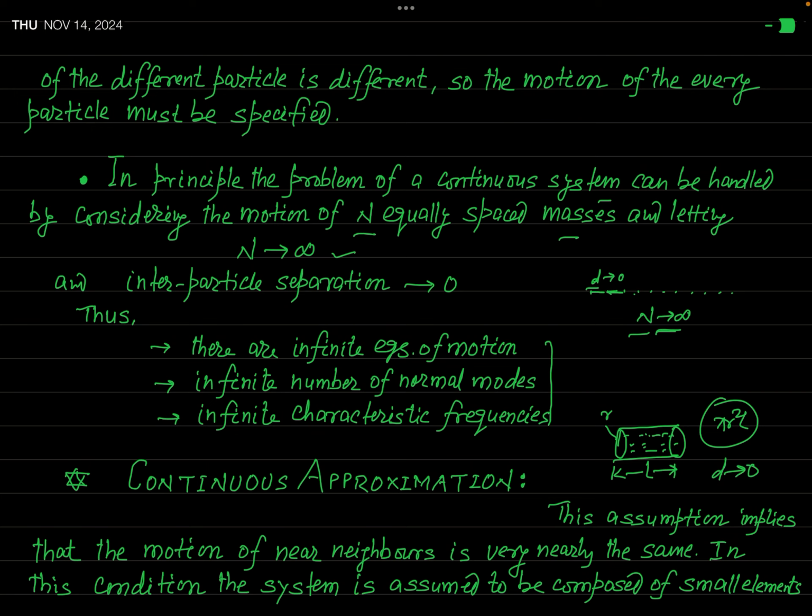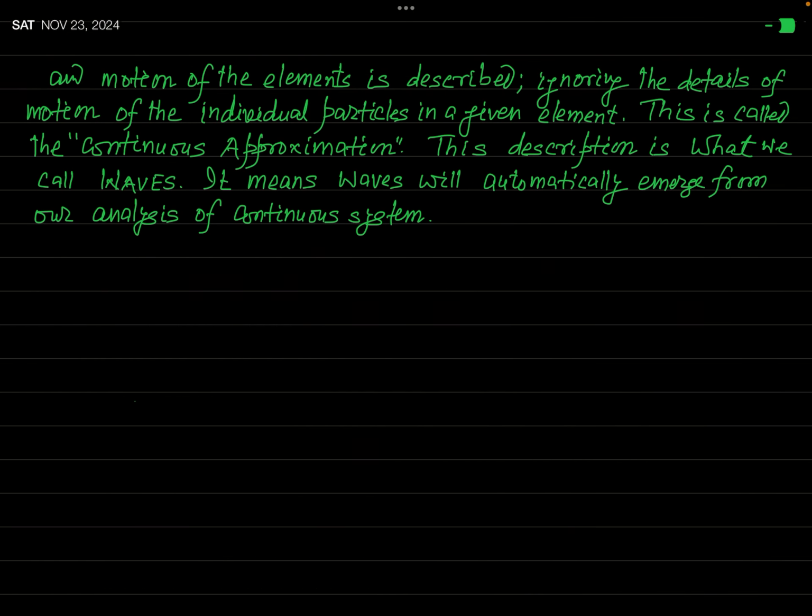So as an approximation, we may imagine the number of particles becoming infinity and the interparticle separation tending to 0. And we assume that the system then behaves as if it were continuous. Such a system will be treated like a continuous system.